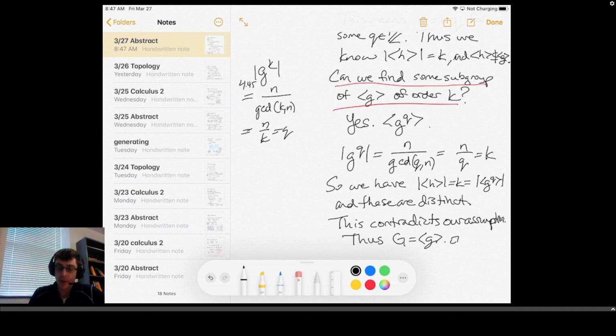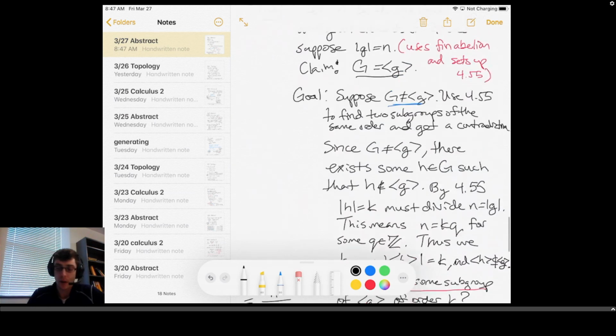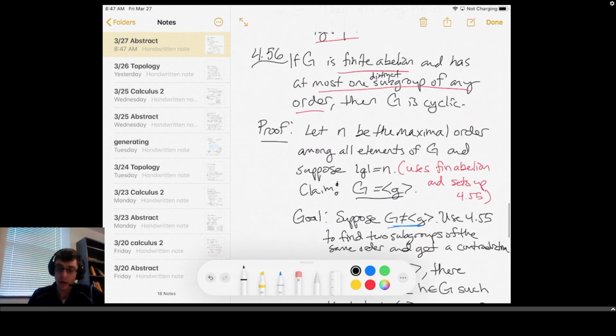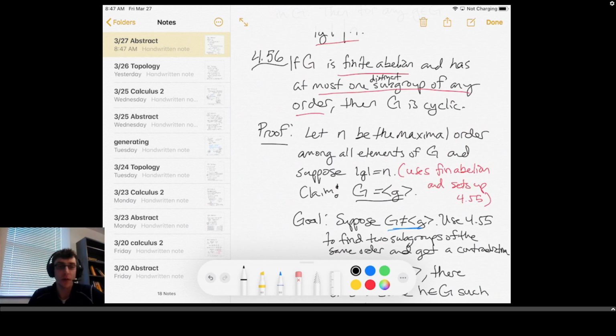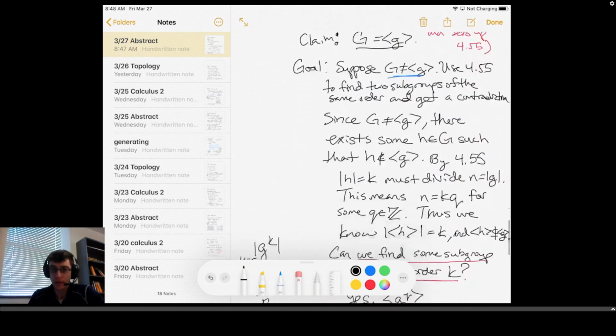What was our assumption? That there was at most one subgroup of any order, and we have two of the same order. Right. At most one subgroup of any order. Oh boy.